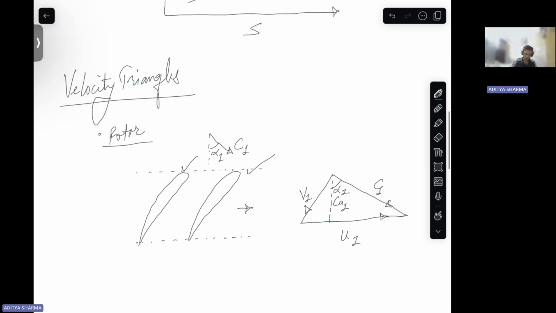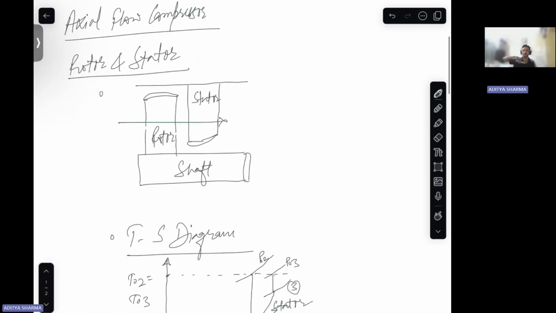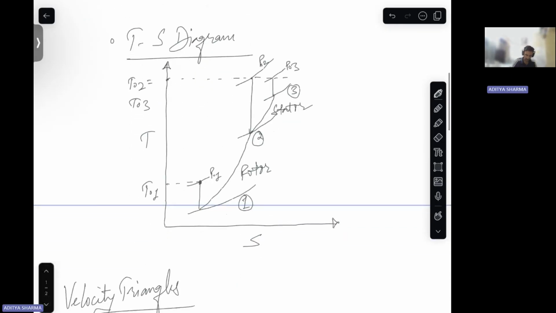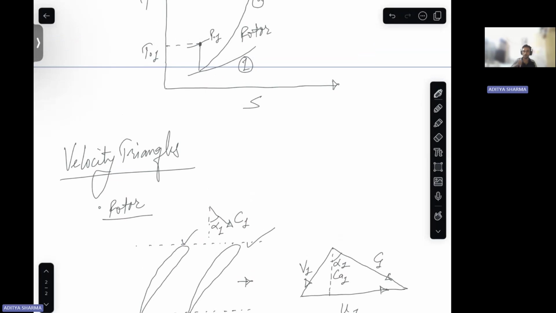I was saying that there is one shaft, and along the circumference you'll have n number of blades, right? Out of those n number of blades, two blades we have taken along the circumference, and between these two blades, your flow is moving, and we are analyzing that.